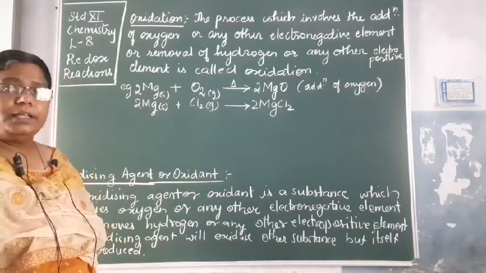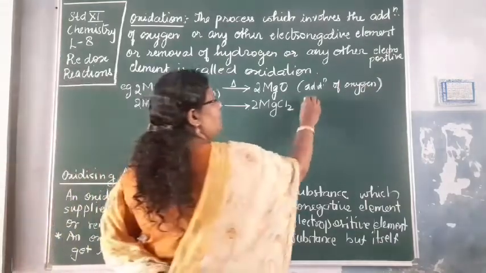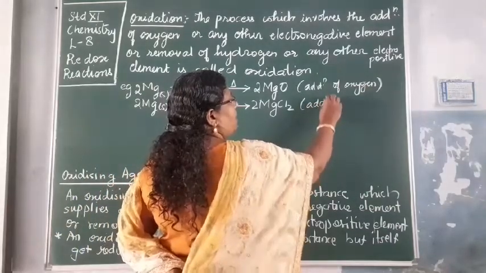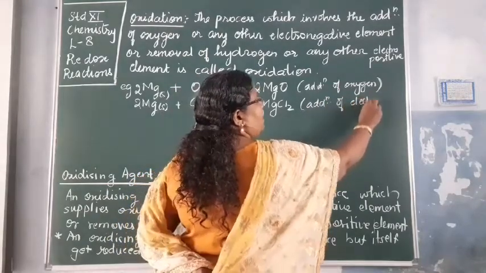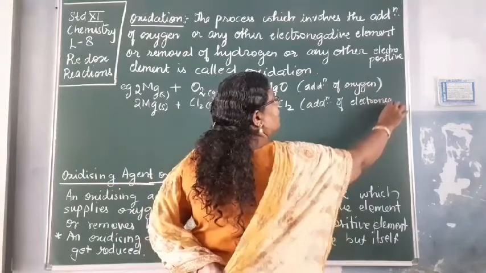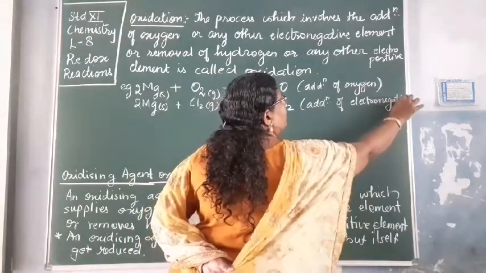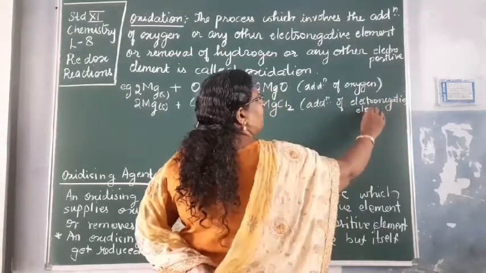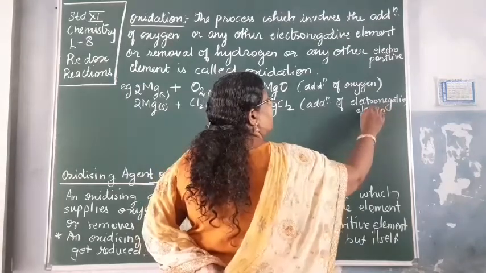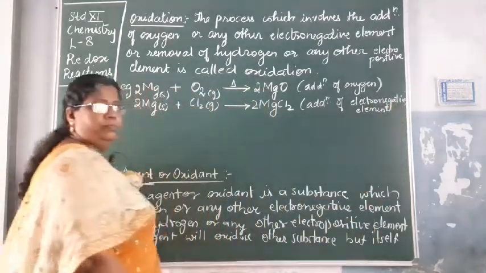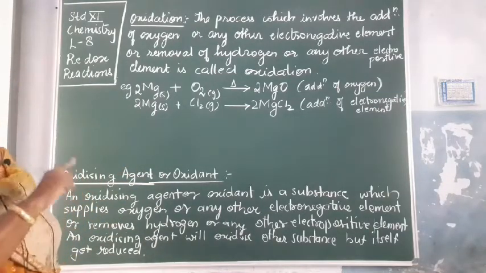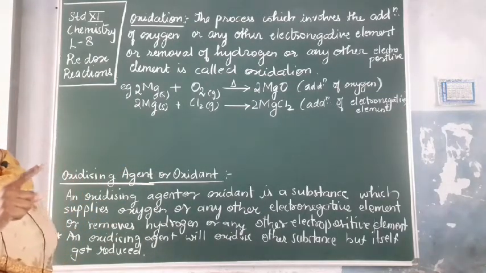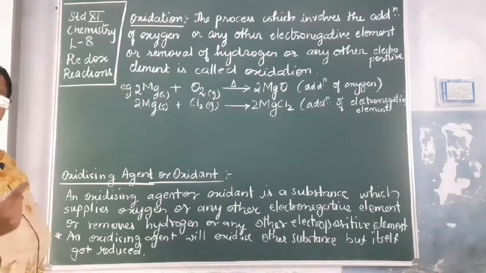Now Cl is an electronegative element. So here we have seen the example of oxidation where you are adding an electronegative element. Okay? Addition of electronegative element. Yes or no?